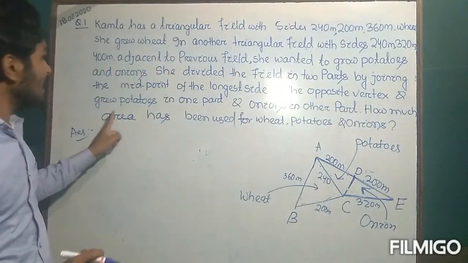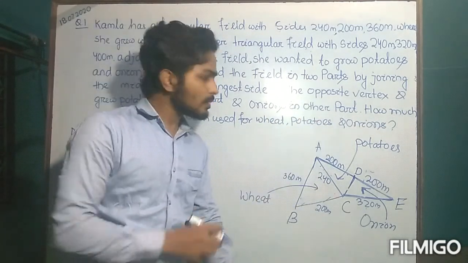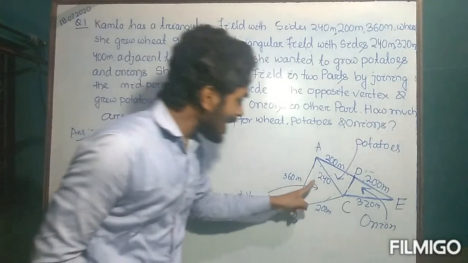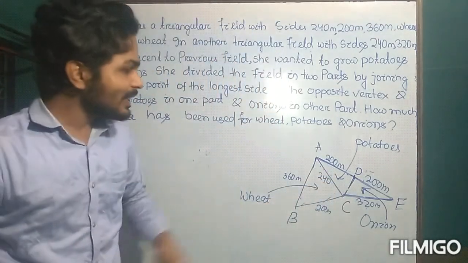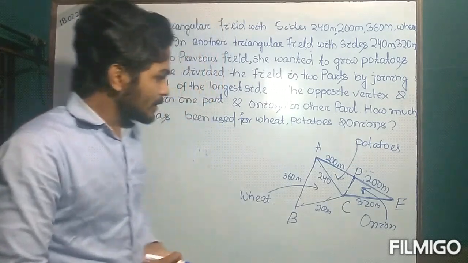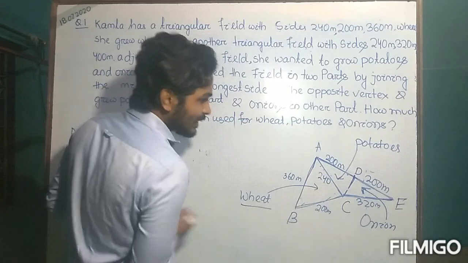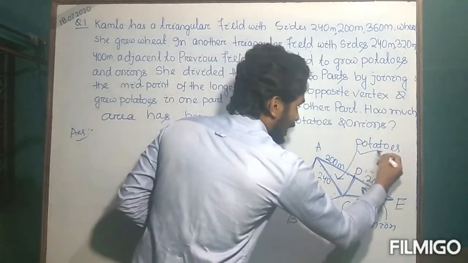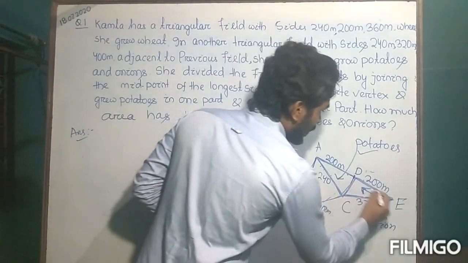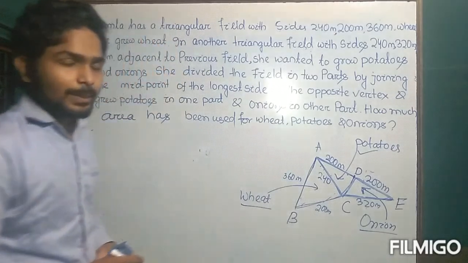How much area has been used for wheat, potatoes and onions? Now you have to find the area of each triangular field. In this triangular field she will grow wheat, in this one potatoes, and in this one onion. Clear?